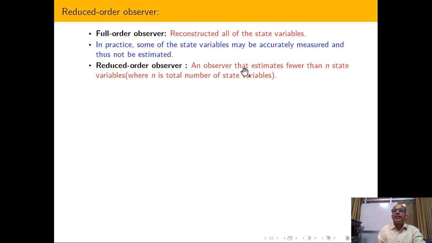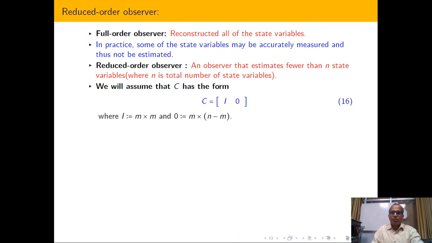An observer that estimates fewer than n state variables. Suppose my linear time invariant system has order n. Then using the next algorithm, I am just going to focus on those states which are not directly measured from the sensor, and that observer is called the reduced order observer.